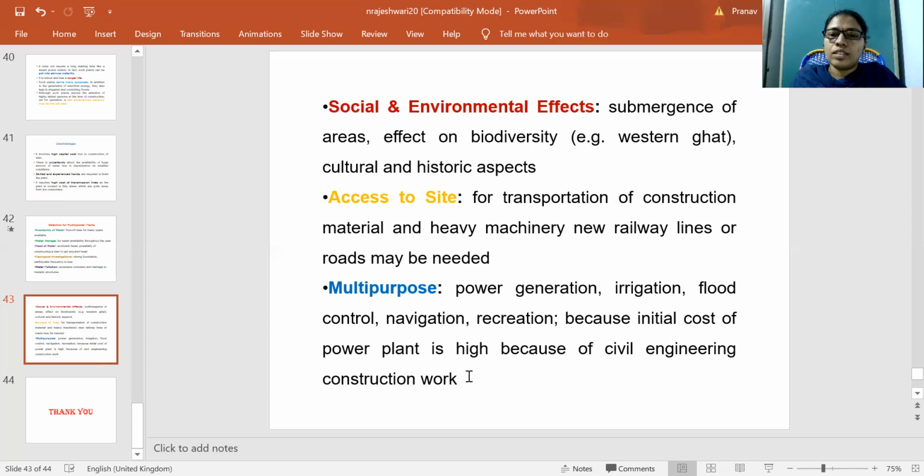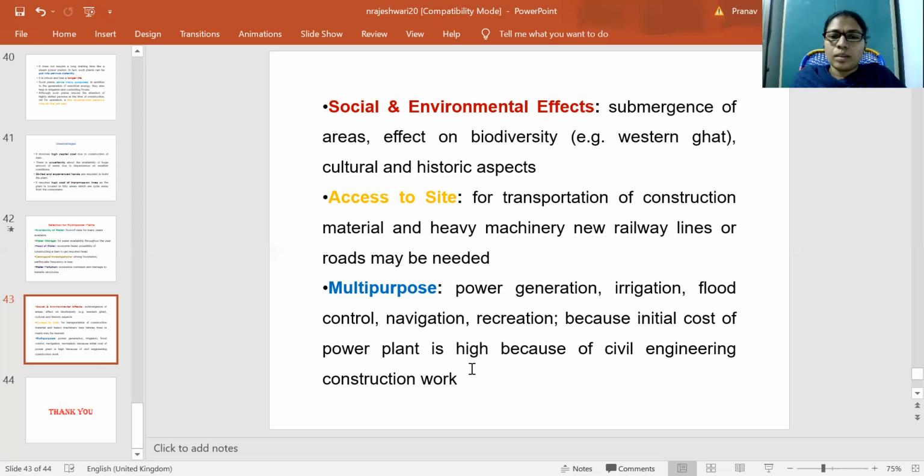And also navigation: in this water, navigation facility is also one of the works, and recreation. So these are multi-purpose works done with hydroelectric power stations, which are installed in hilly areas. These are some of the factors which affect the selection of a hydroelectric power plant.